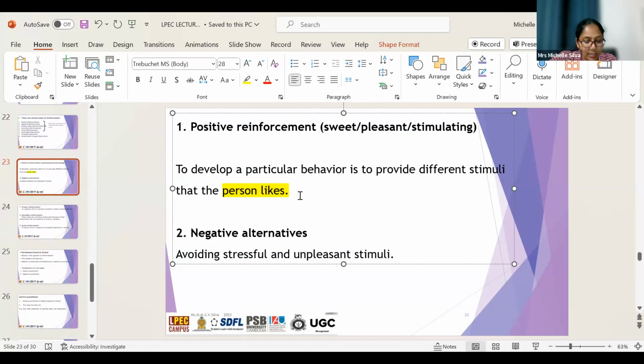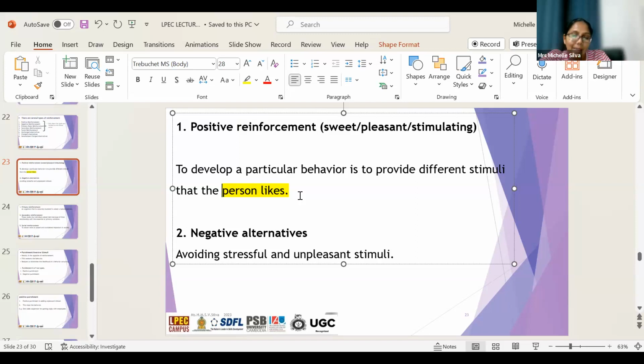An example for positive reinforcement is adding different stimuli that a person likes. For example, you can give appreciation, a token of appreciation, a promotion, books, or tasty foods.